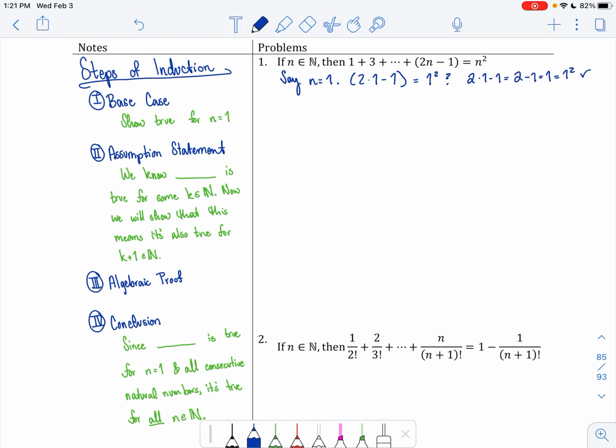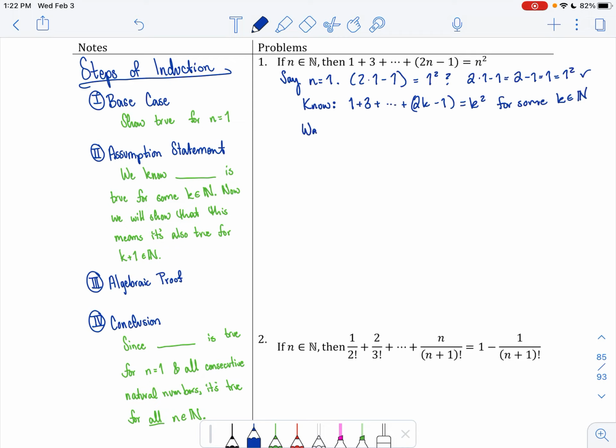Now, because of time and space, I'm not going to write out the whole entirety of step 2, but the conclusion of step 2 is that we know, so if you have Mr. Stick, you recognize this, we know that 1 plus 3 plus up to 2k minus 1 is true for some k in the natural numbers.